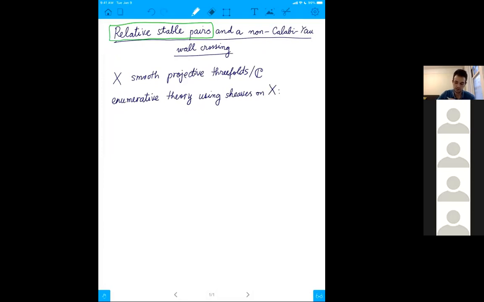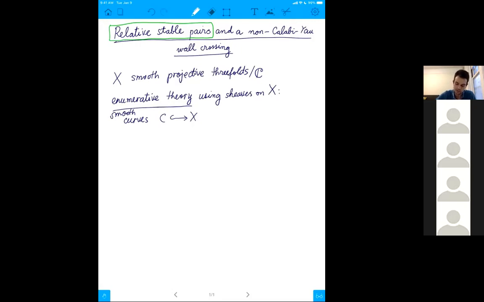Okay, so the idea behind them is that we would like to study curves, say smooth curves. We would like to study the moduli of such curves, and then using some incidence conditions on X, to count the number of such curves with some given incidence conditions. And in an enumerative theory, we want to compactify the space of such curves.